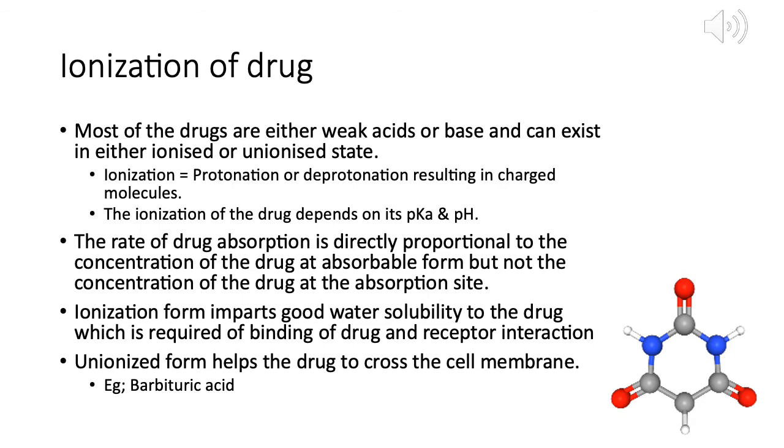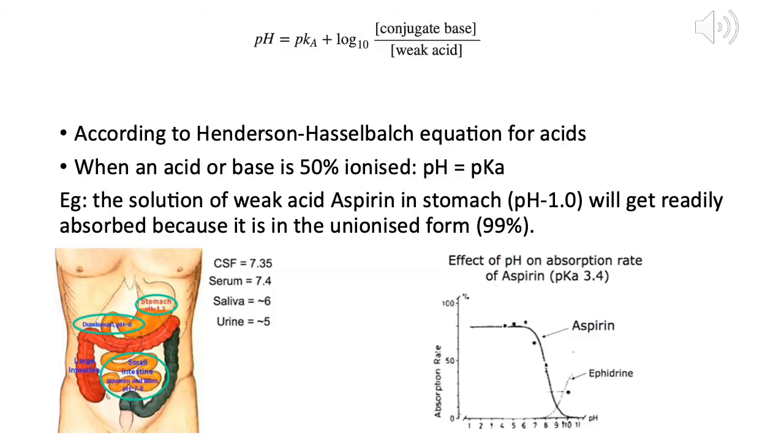For example, barbituric acid is inactive because it is a strong acid, while 5,5-disubstituted barbituric acid has CNS action because it's a weak acid.